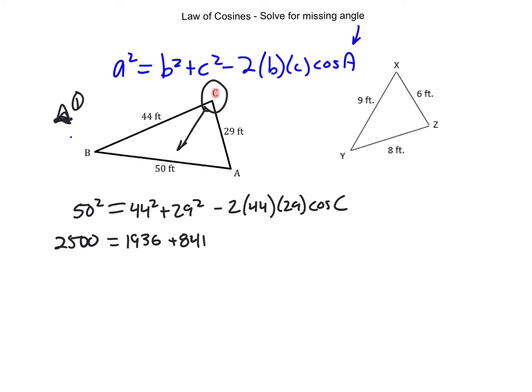And then 2 times 44 times 29 is going to be 2552 cosine of C. So 1936 plus 841 is going to be 2777 minus 2552 cosine of C.